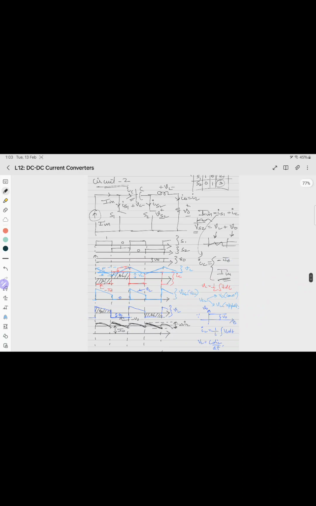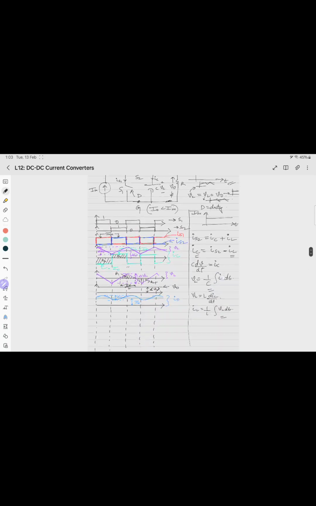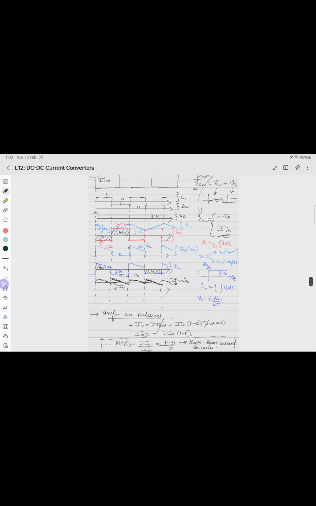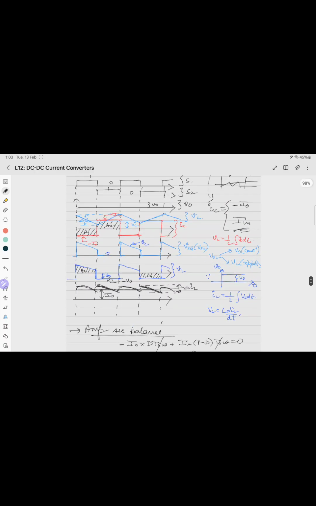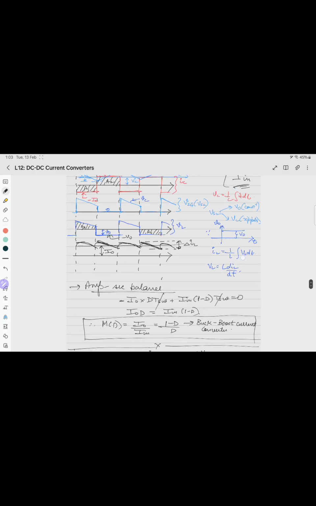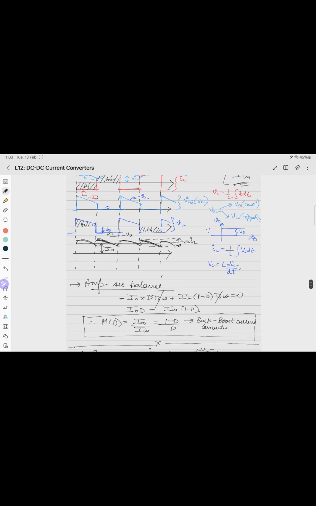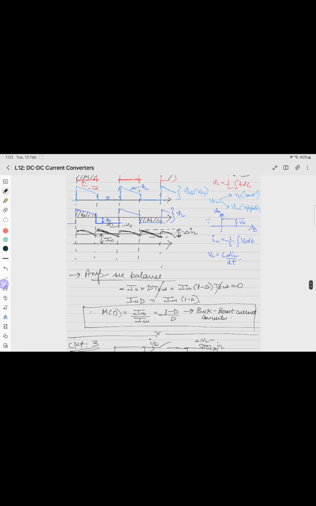So for the DC-DC current buck converter, the average value of VC equals V0. For the DC-DC buck-boost current converter, VS2 was V0, and VS2 is 1 minus D into VC, which equals V0.